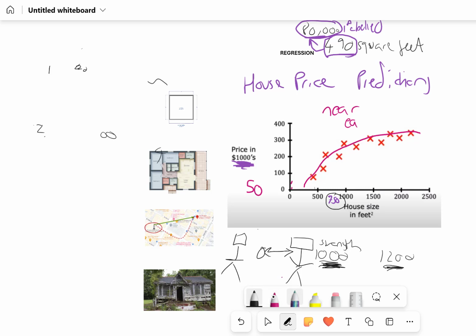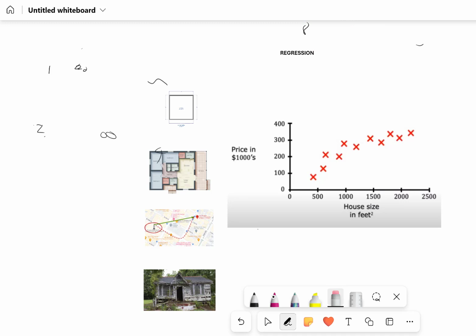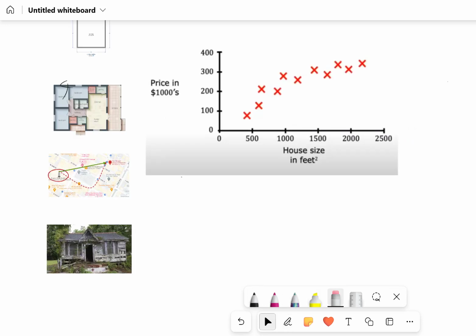Going back to this example again, what is it that you need to take away for your actual A level? A couple of things. Number 1, supervised learning uses what we call regression.